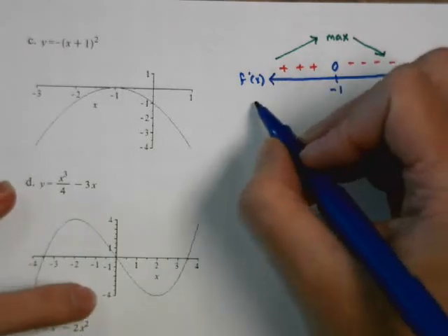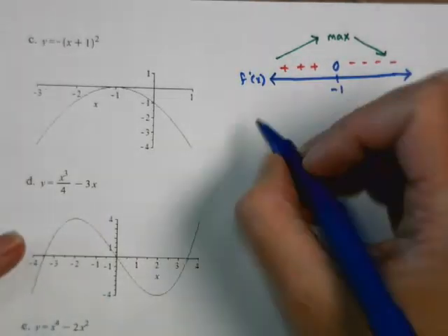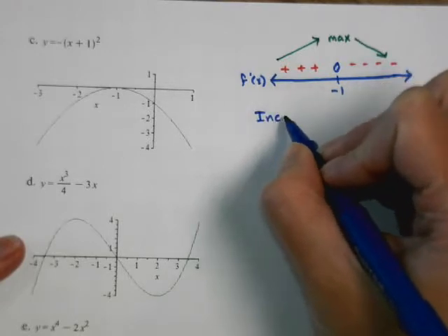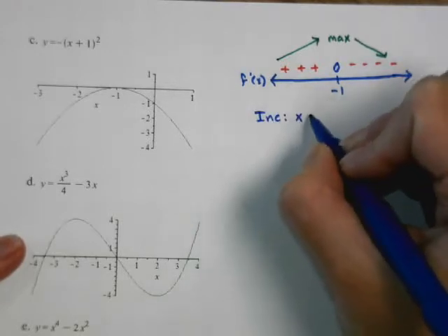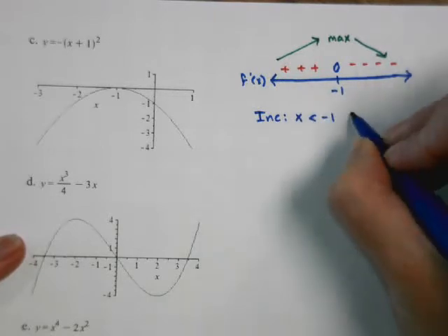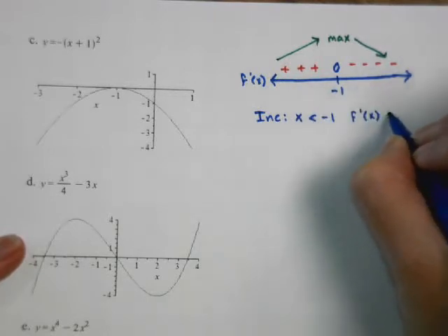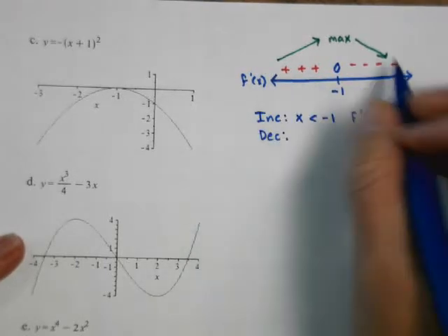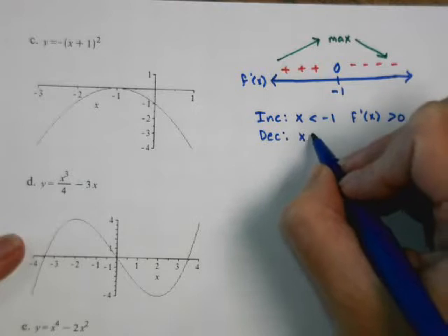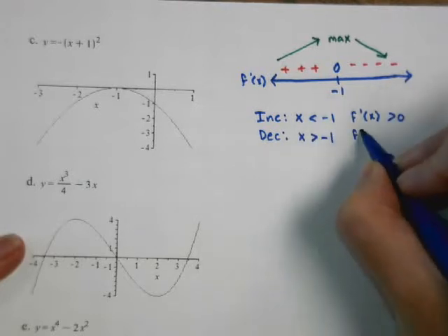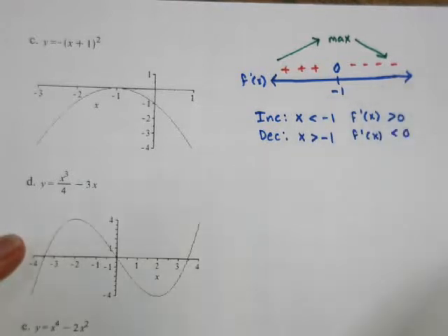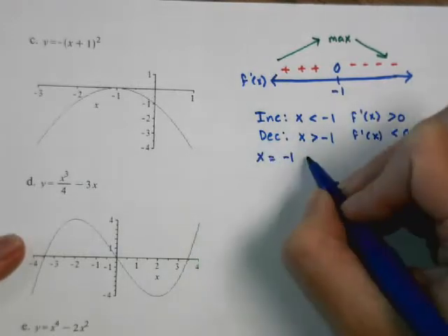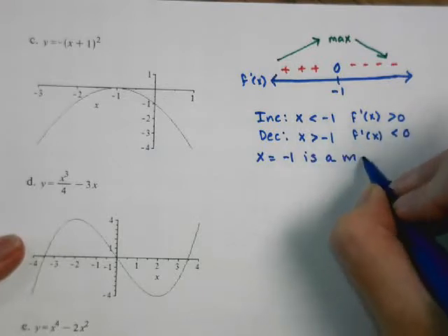So I can say that this graph is increasing when x is less than -1, and I know that because f prime of x is greater than 0. I know this graph is decreasing from our number line when x is greater than -1, because f prime of x is less than 0. And I know that x equals -1 is a maximum.